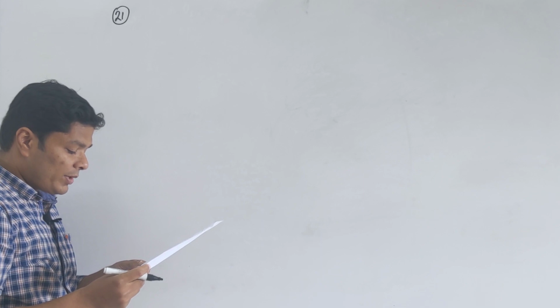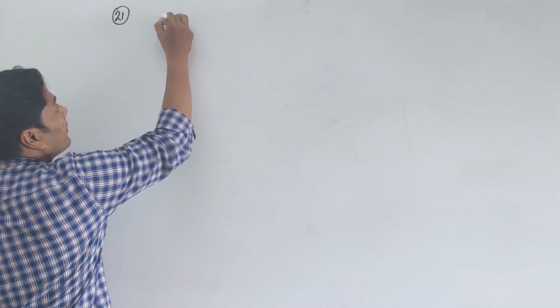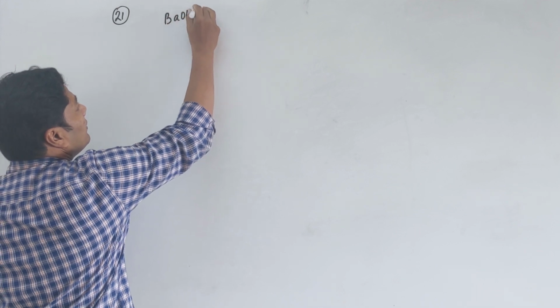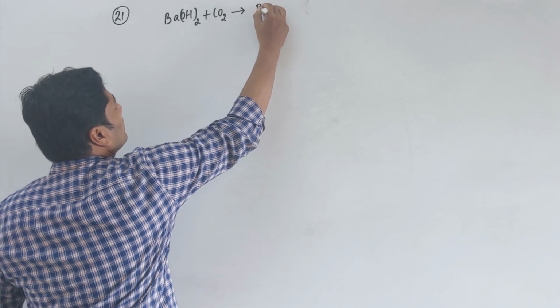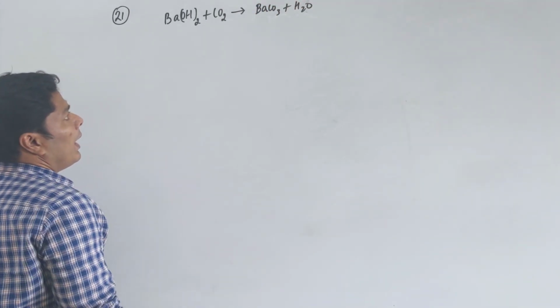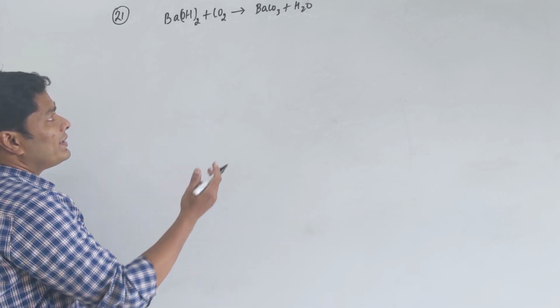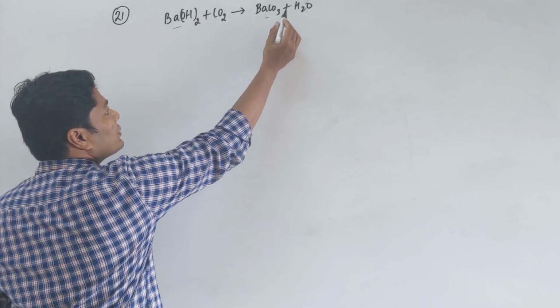The mass of barium carbonate formed when excess of CO2 is passed through barium hydroxide. So I have barium hydroxide, CO2 is passed through, so I get barium carbonate plus water. I am not worried about balancing this one. The main reason is because it is balanced, but even otherwise I am looking at these two.